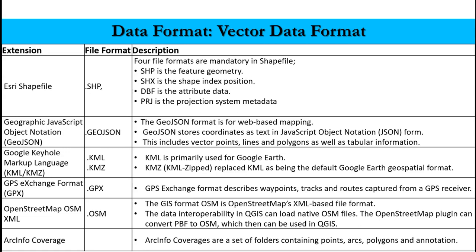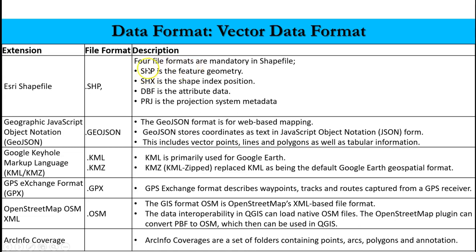And then vector data formats, like when we convert the data from raster to vector, like point, line, polygons. The most popular extension, we are also going to use it, is .shp. This is the Esri shapefile. These four extensions are very important. Never ignore them. If you are copying the shapefile data in your system, always check you have all these formats inside.